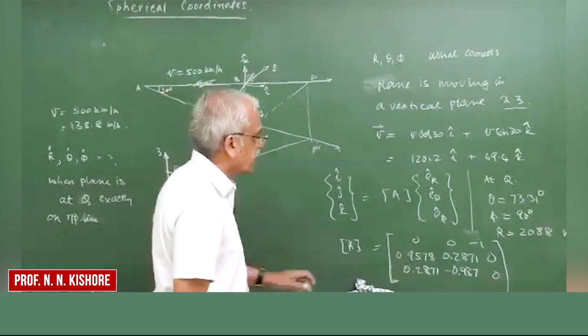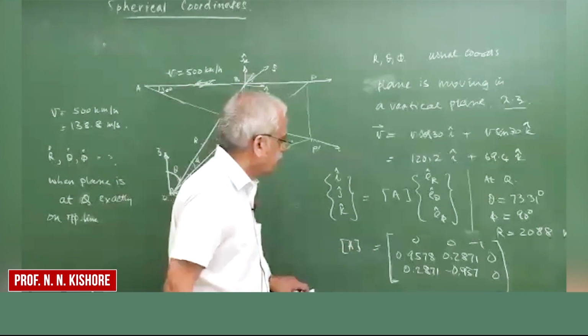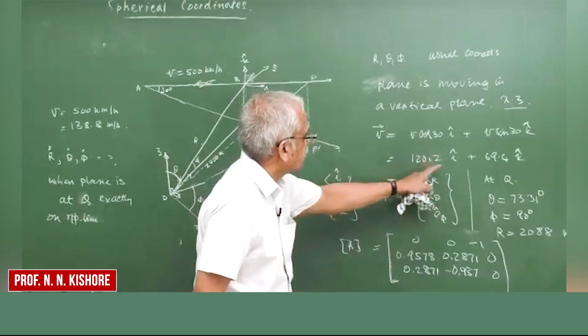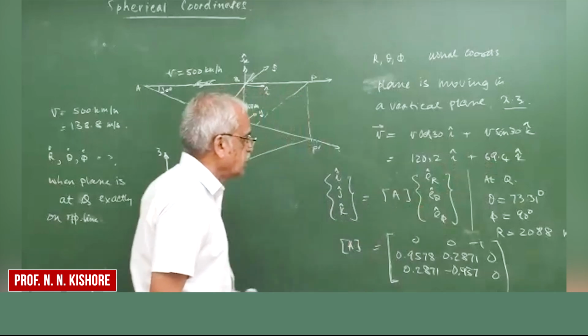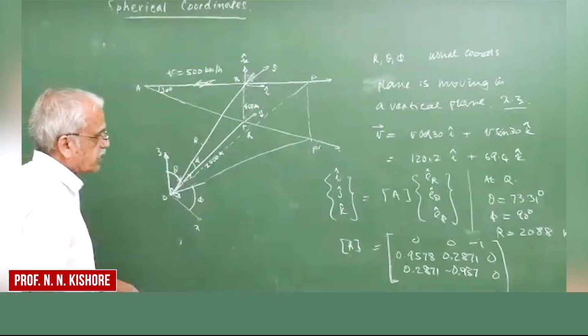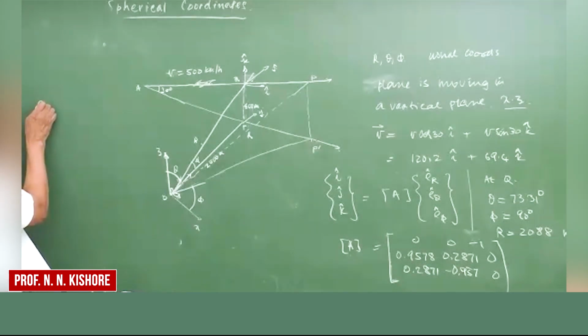So that's what you got for A. And what do we need? We need to transform x, y, z or ijk into e_r, e_theta, e_phi. For that, we use the inverse of that.